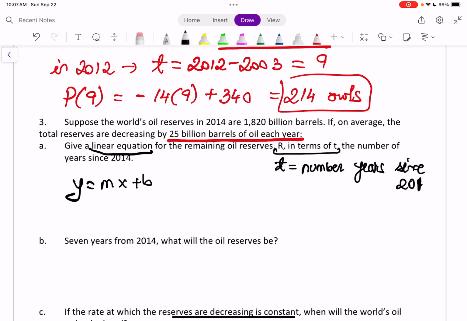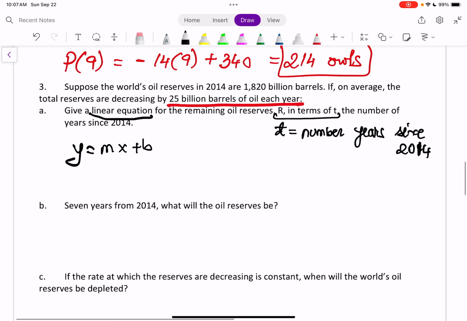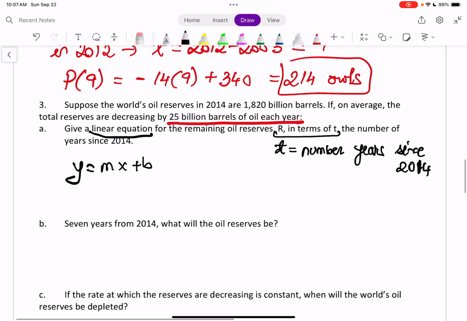So in other words, 2014 is our initial value. So right here we have all the information. If we're counting since 2014, that means the amount we had in 2014 is our b value.